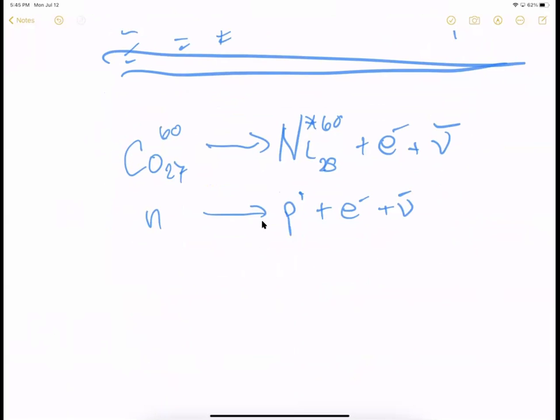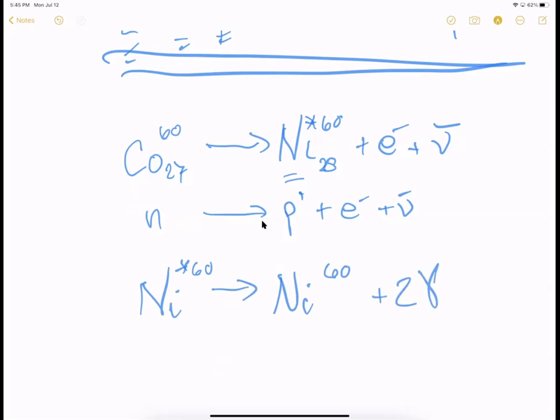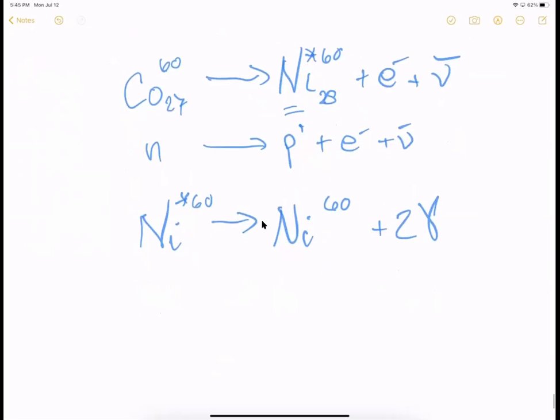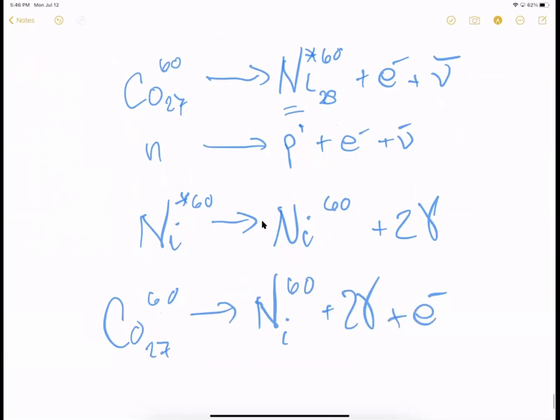The nucleus was an excited state of the nickel nucleus, and that excited state of nickel decayed to a non-excited state of nickel plus a couple of photons. So your overall interaction is Cobalt 60 decaying into nickel and a couple of photons and a couple of leptons, like this.